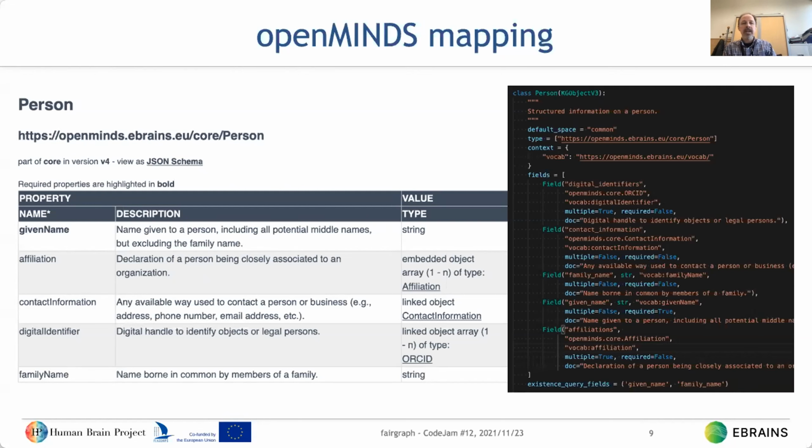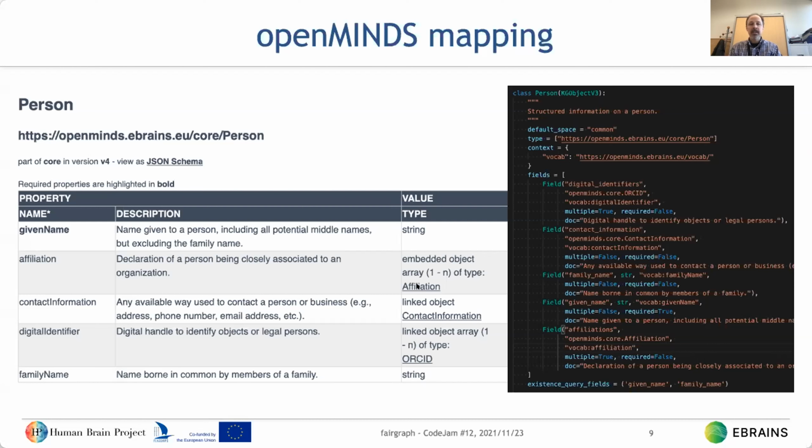So to come back again to this openMINDS mapping, as I said, each schema maps to a Python class. Here, this HTML documentation, which you can find online, tells you for the person object: given name is required, it's in bold, and this is the description of it, and this is the type, it's a string. Affiliation is not required, and this is an embedded object type affiliation.